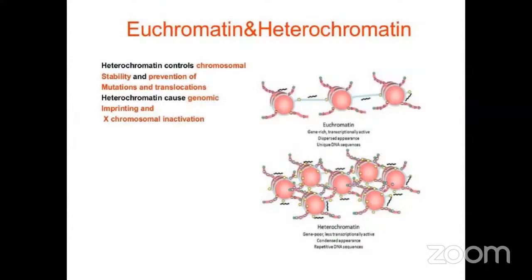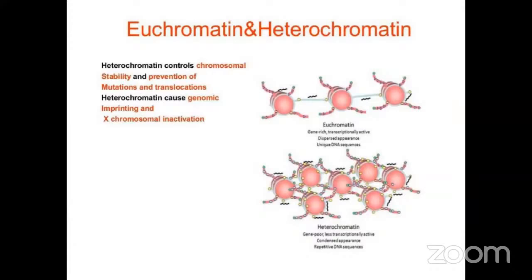Now I am talking about euchromatin and heterochromatin. Euchromatin is a transcriptionally active region, meaning it is a gene rich region. So whatever 23,000 genes are there constitute only 3% of the total genome, and it has a unique DNA sequence.